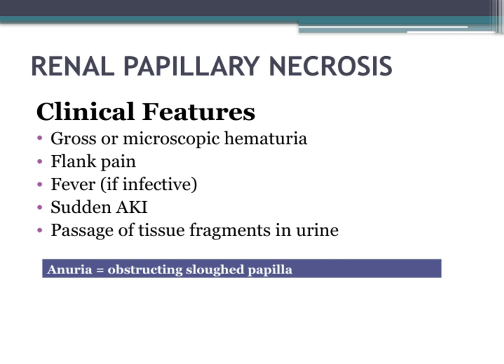Additionally, patients might notice the passage of tissue fragments in their urine, which is a hallmark of sloughed papillae. Recognizing these features is crucial because they help us identify renal papillary necrosis early and differentiate it from other causes of AKI. Overall, understanding these clinical signs helps us connect the pathology to the patient's symptoms and guides appropriate management.